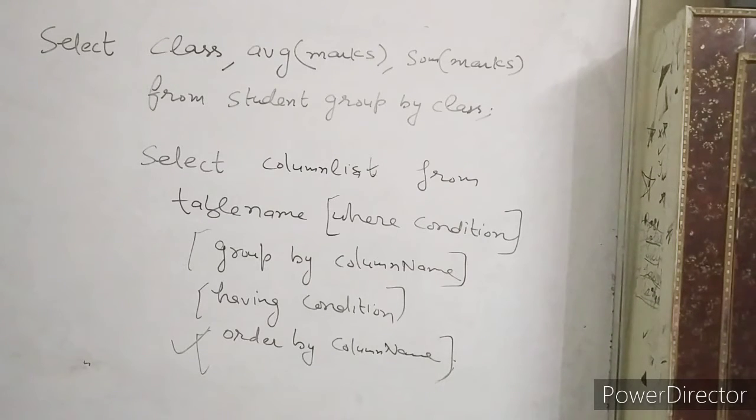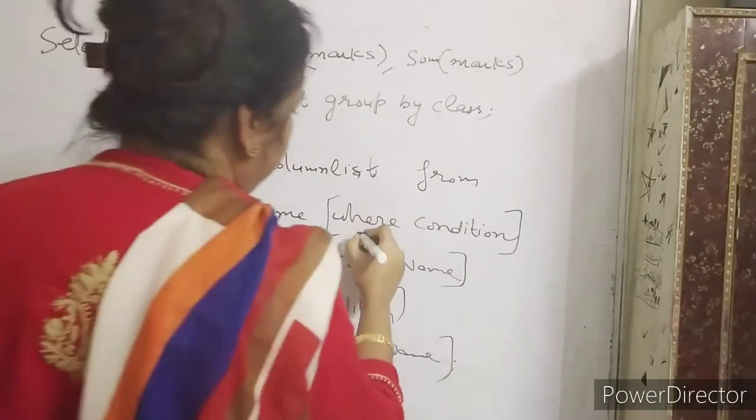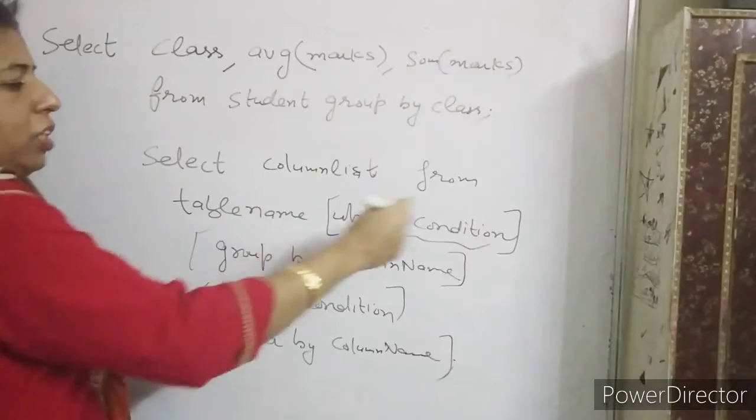Okay. Learn the sequence: select column list, whatever you want to display, from table name, where condition. First is where condition, second is group by, third is having, fourth is order by. If all the things are there in my query, I have to place them in this order. Whatever I don't have to give in my query, omit it, because all are optional.